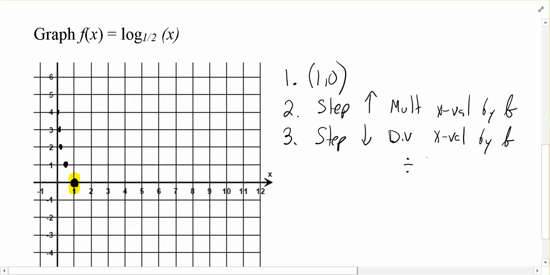So if I'm going to divide by my base of 1/2, that's going to mean the same thing as multiplying by 2. So if I want to take a step down 1 from that 1, 0, then my x value of 1 turns into an x value of 2.